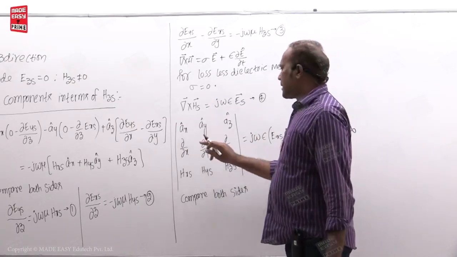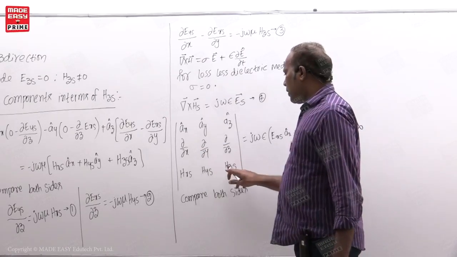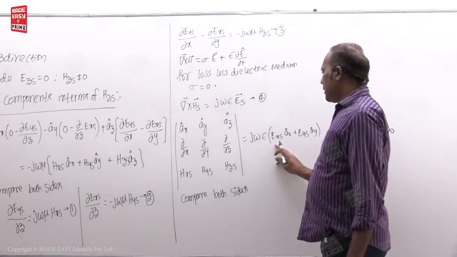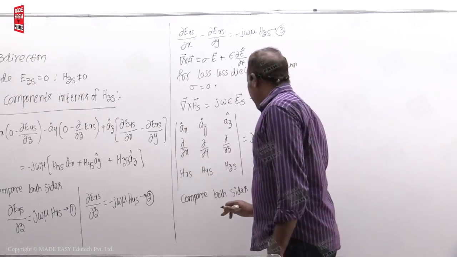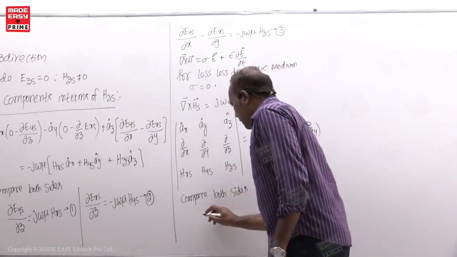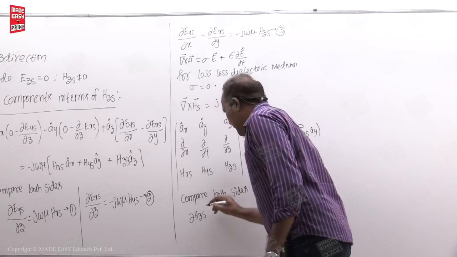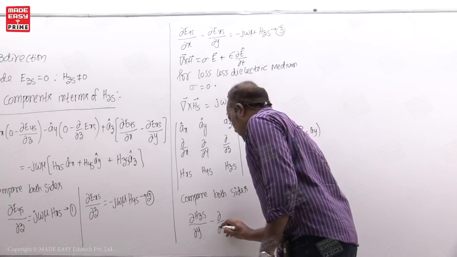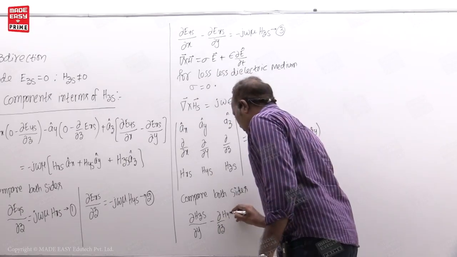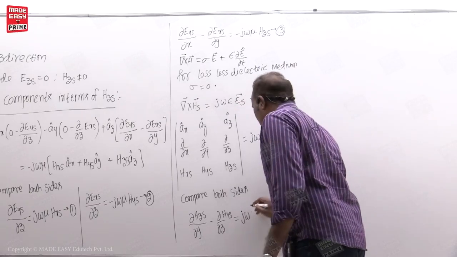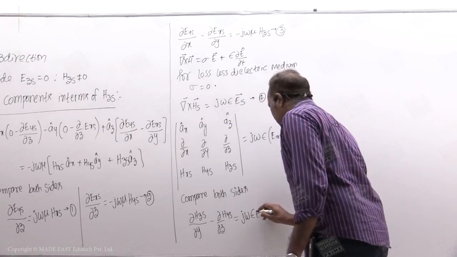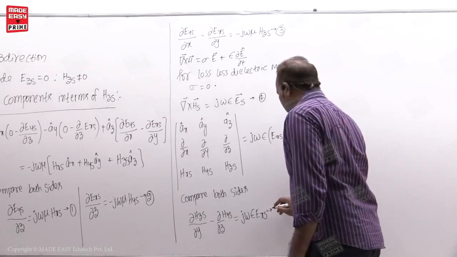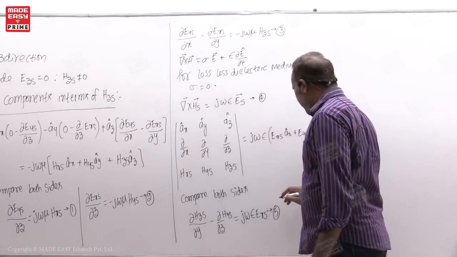I am writing. So ax cap multiplied with ∂/∂y of this one minus ∂/∂z of this one, this side, is equal to jωε Exs. So now if you compare, ∂Hzs divided by ∂y minus ∂/∂z of Hys is equal to jωε Exs. So this is equation number 5.